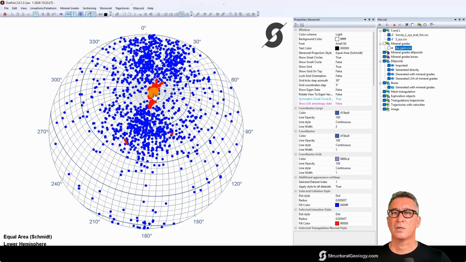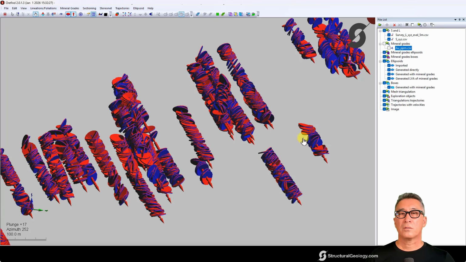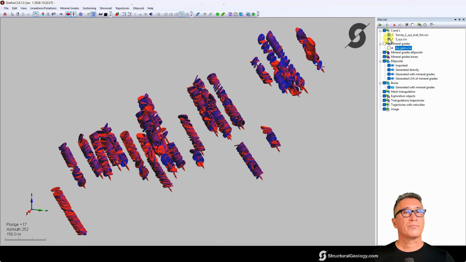Most of them sit between this cluster of S poles and this cluster of S poles. Remember, there are two sets of foliation in here. So perhaps there are two sets of foliation, but this is supposed to be S2 fabric. So what does this mean?